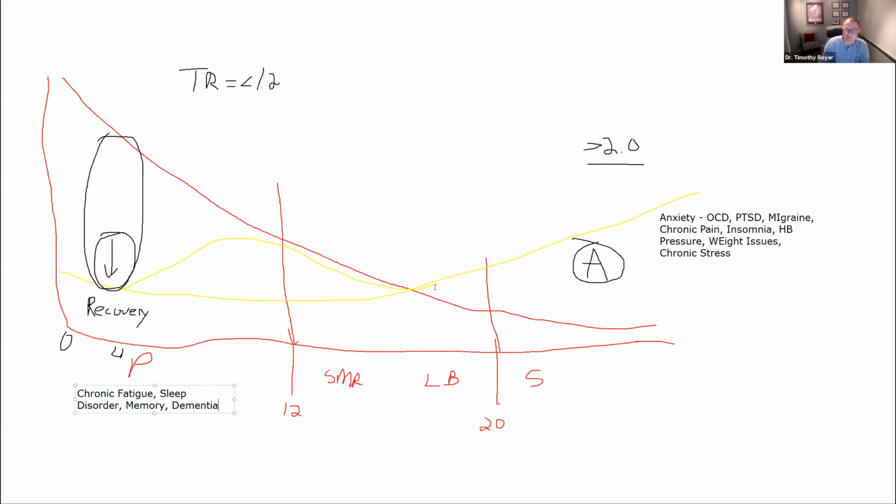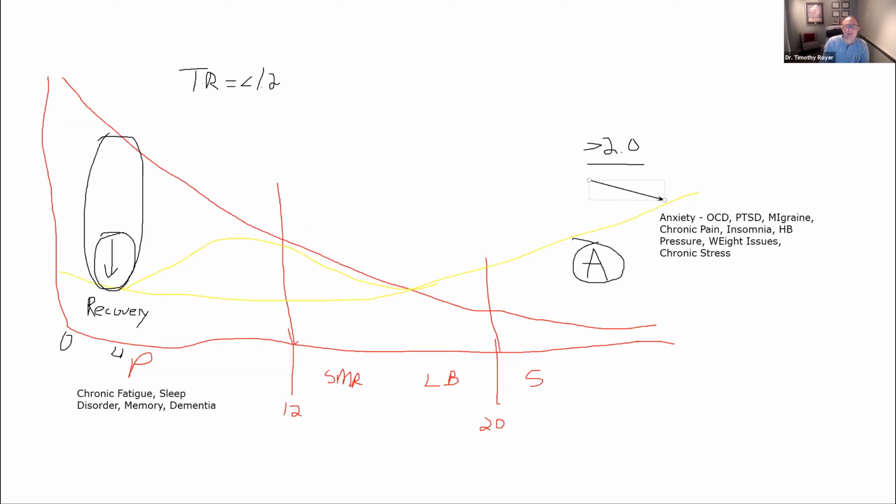Then typically what happens is it starts to rise at the end, like we saw earlier. Well, it's rising because it hasn't got the rest it needs, so it's more anxious. So a lot of times from a biomarker standpoint, you'll see both going on. The anxiety is represented in that rise at the end of those frequencies, and the sleep is related to the bottoming out of those first 4 frequencies.